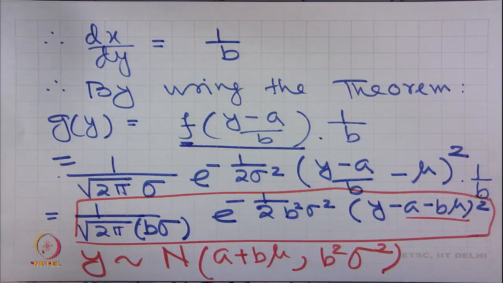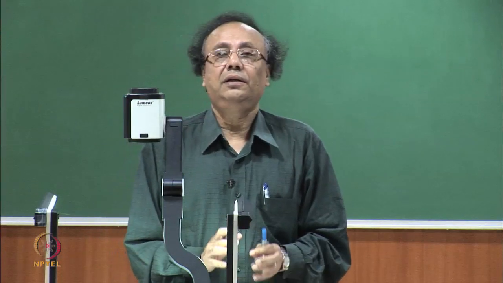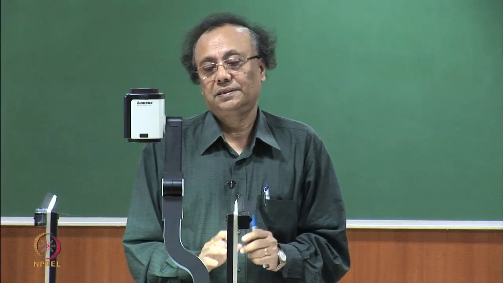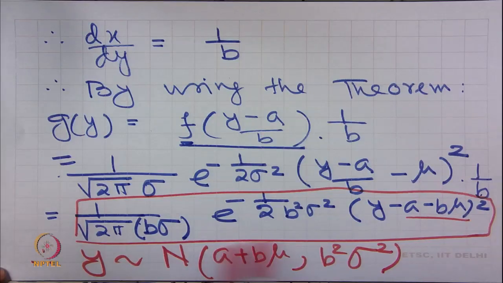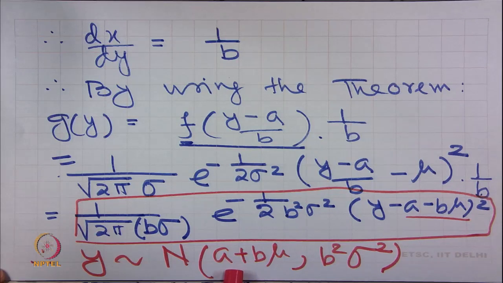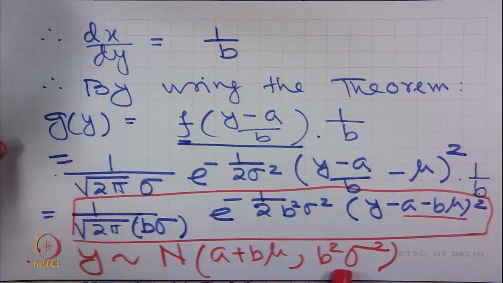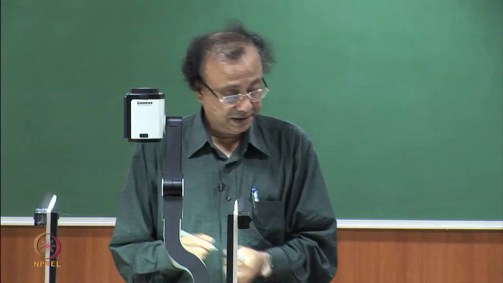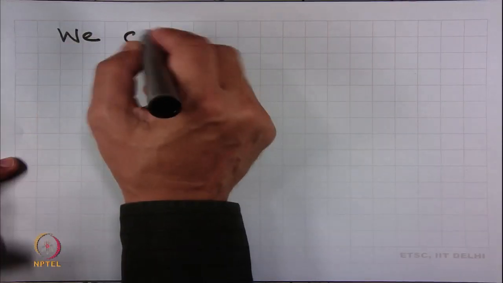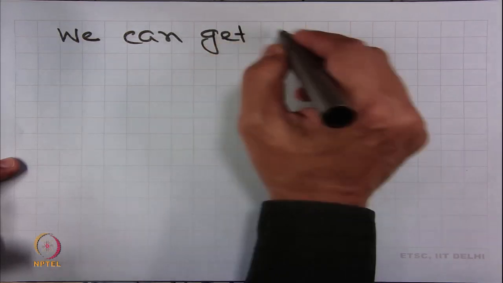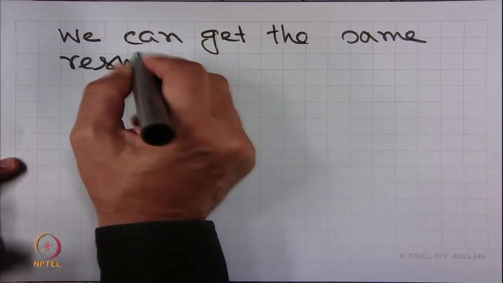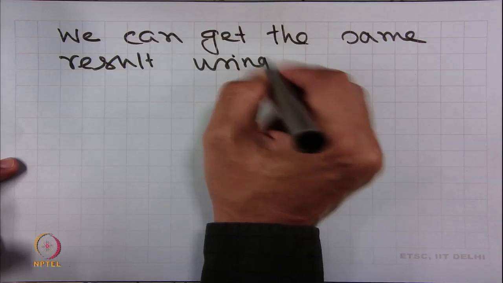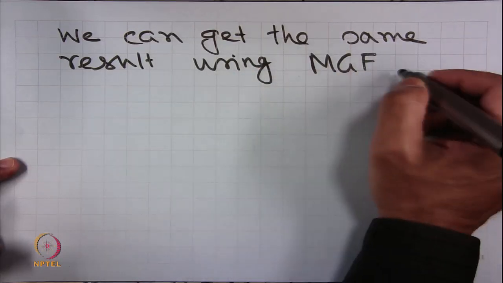Therefore, we find that if we make a linear transformation on a normal variable x, then the resulting variable is also a normal distribution with appropriate adjustment in the mean and in the variance. We can get the same result using moment generating function also.